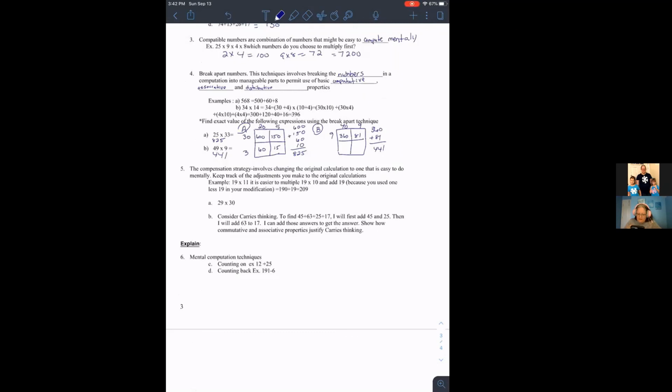Number 5 says the compensation strategy involves changing the original calculation to one that is easy to do mentally. Keep track of the adjustments you make to the original calculations. Example, 19 times 11 is easier to multiply 19 times 10 and add 19, because you use one less in your modification.